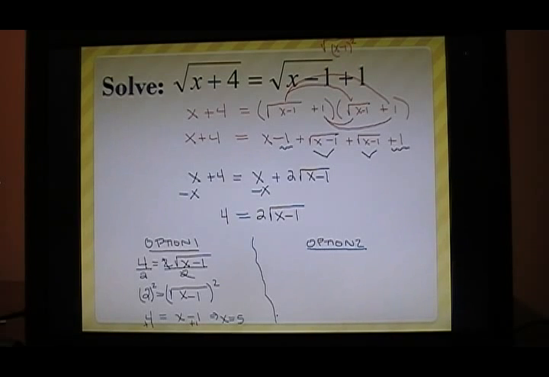This second option that I'm going to show you is one you're really going to need if you're solving a radical equation and you get to a point where you have something like 5x plus 3 equals 7 root x plus 2.